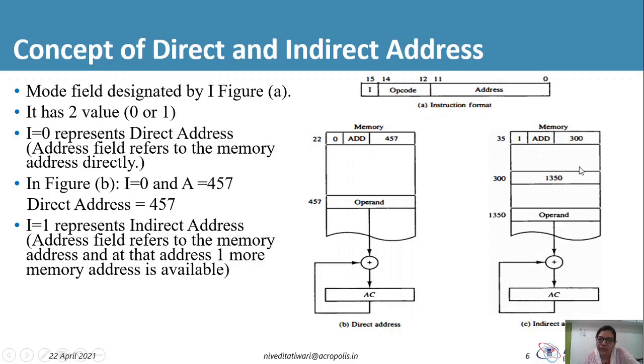In case of the indirect address, at this location some value is available that again refers to some other memory location. So the value of that address will be 1350, which is available at the memory location given in the instruction.